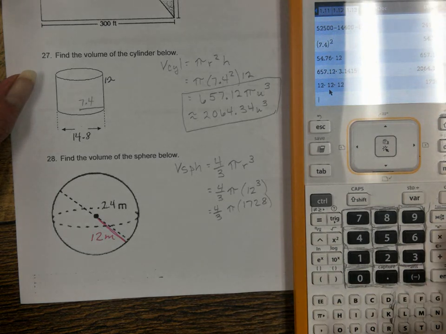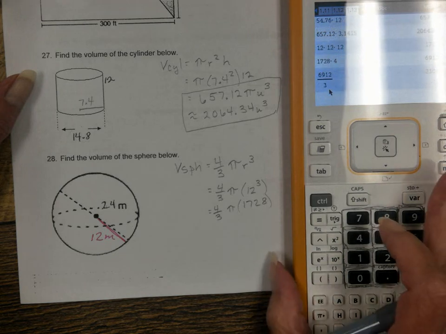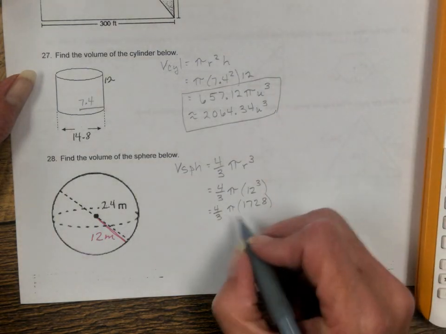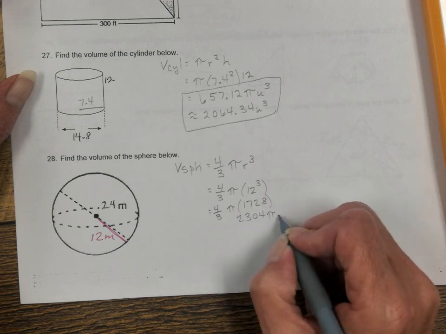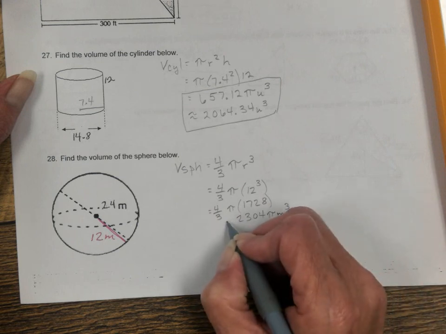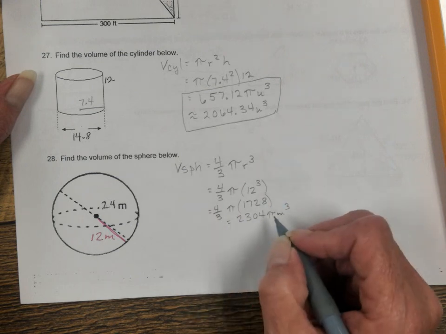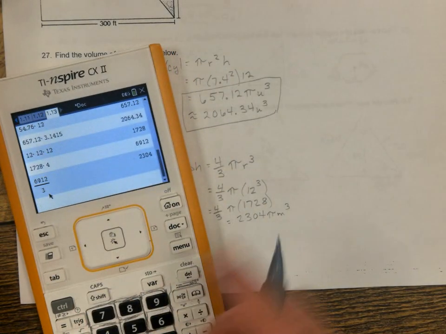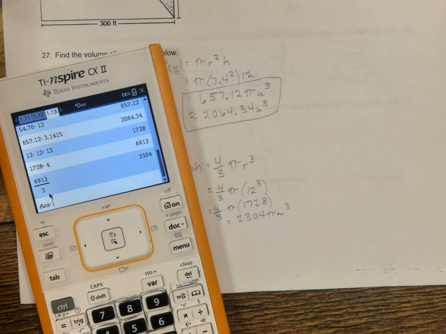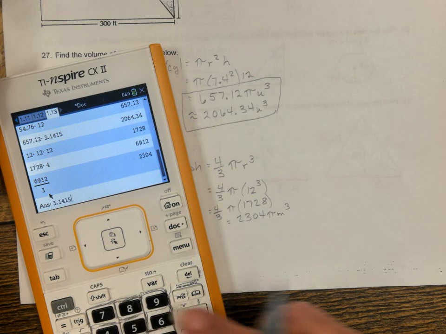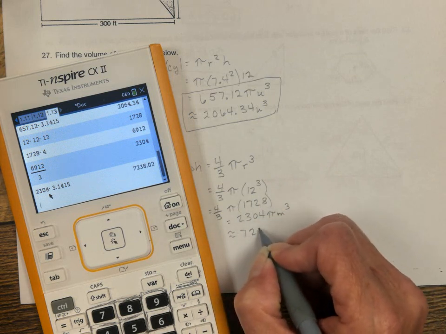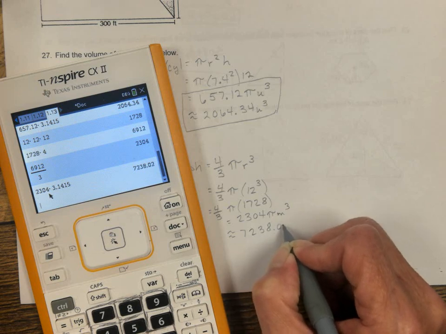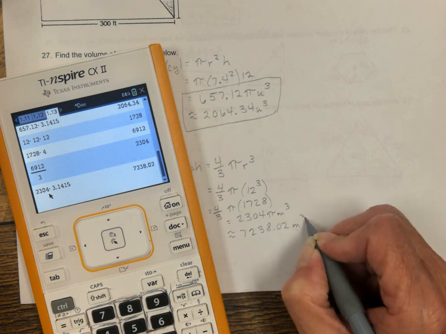So the next thing I'm going to do is multiply that answer times 4, and then divide it by 3 for that 4/3, and get 2304 pi meters cubed, because it's area, or I'm sorry, volume, or I can also take 2304 and multiply it by pi, 3.1415, and get an approximate answer of 7238.02, still meters cubed.